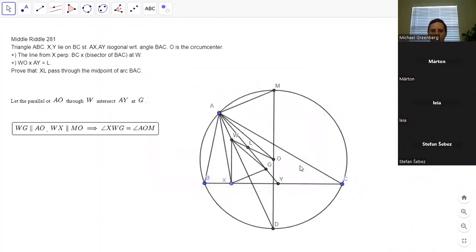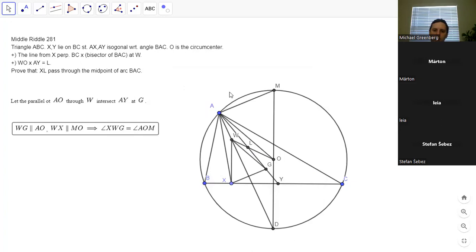That's step one. Step two, we show that basically WD is an angle bisector of this, which means AWX and AWG would be congruent.